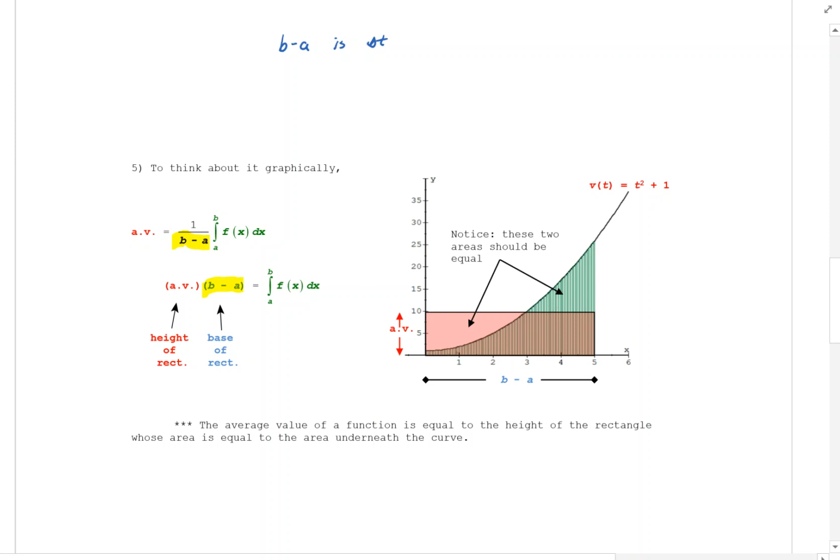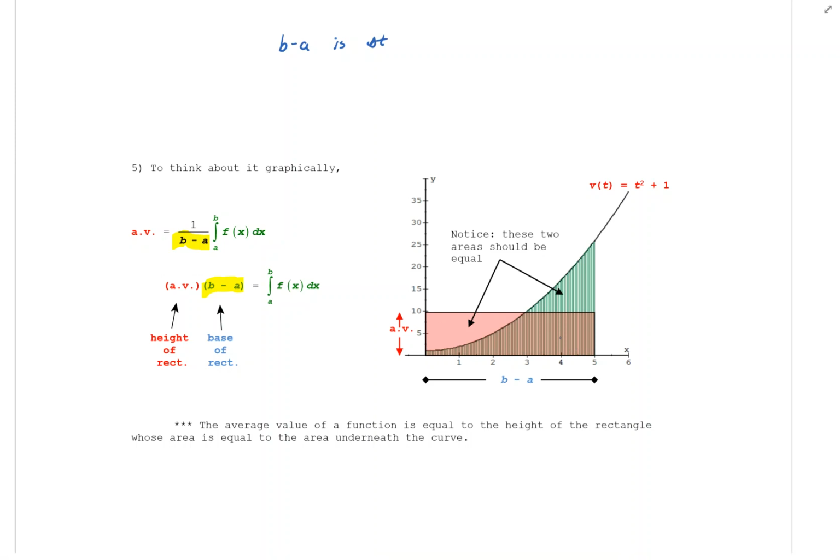So if I take everything that is shaded in with these vertical lines, but I move this green space over here, it fills in this pink area. So instead of looking at this shape that I can't evaluate geometrically, I'm looking at a rectangle, which I can very easily get the area of.